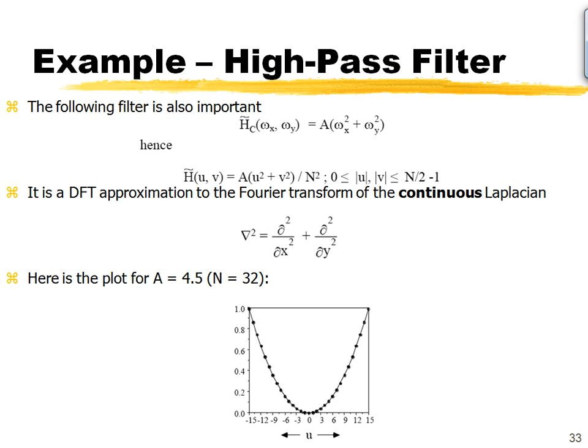Now, we've talked about using average, the notion of just doing averaging, as a low pass filter also, because it removes noise. So what would the average look like in my frequency domain?